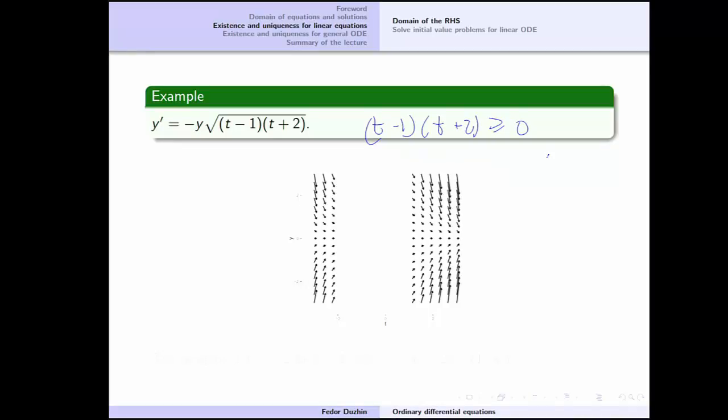So roughly speaking, if we try to plot, right, so 1 minus 2, t minus 1 times t plus 2, then it is positive here, negative here, positive here, so it looks like a parabola. Right, so which means that for t minus 1 times t plus 2 to be non-negative, either t must be bigger than 1 or t must be smaller than negative 2.